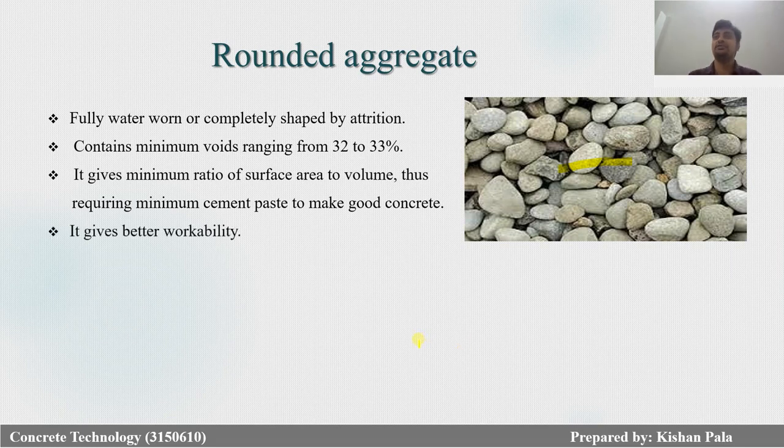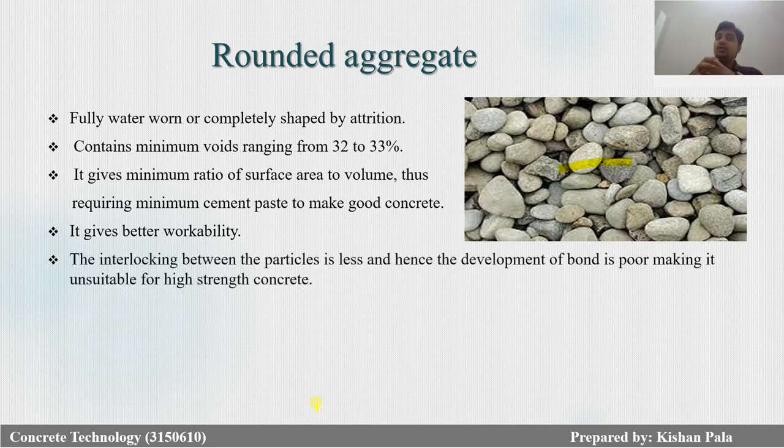and it gives better workability because the rounded aggregate can easily provide smoothness between the particles, and they can give the best workability of the concrete mass. The interlocking of the particles is less. This is the disadvantage of the rounded aggregate.